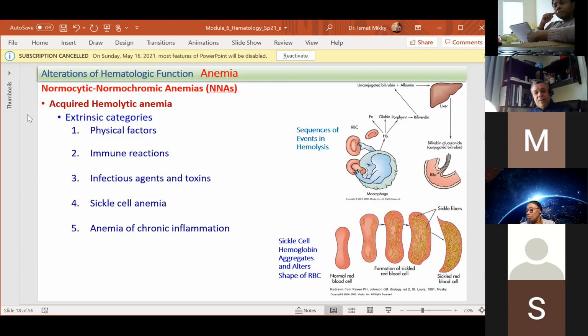Patients with tumors or malignancy, especially malignant tumors. Another example would be autoimmune disease, like for example, systemic lupus erythematosus, SLE, patients with AIDS, patients with rheumatoid arthritis. That's chronic inflammation, which could result in anemia.